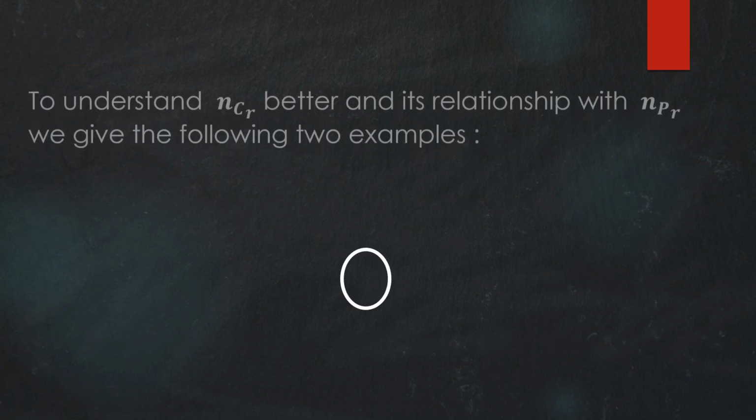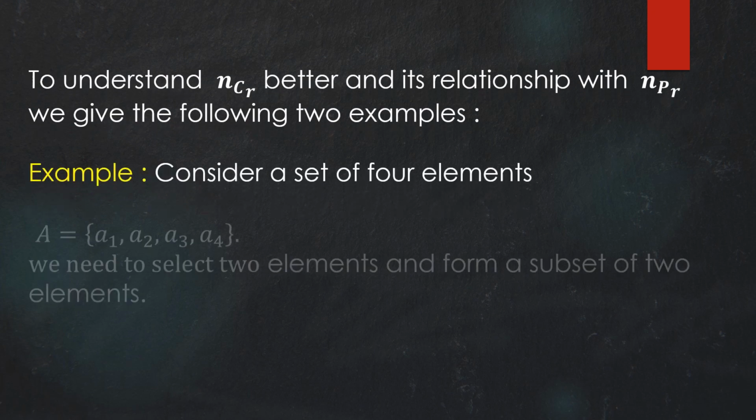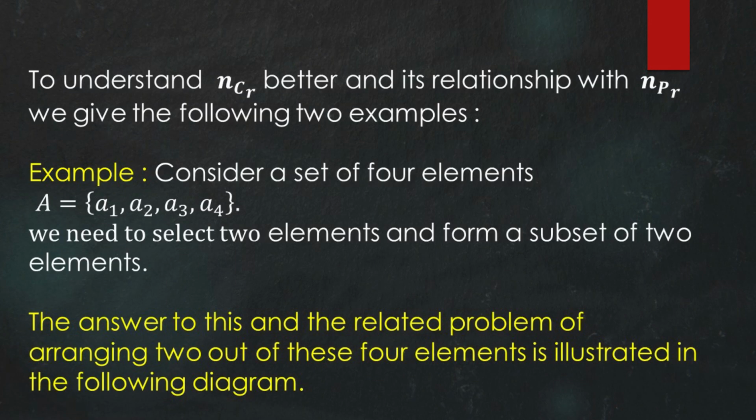To understand nCr better and its relationship with nPr, we give the following two examples. First example, consider a set of four elements, capital A equals A1, A2, A3, A4.